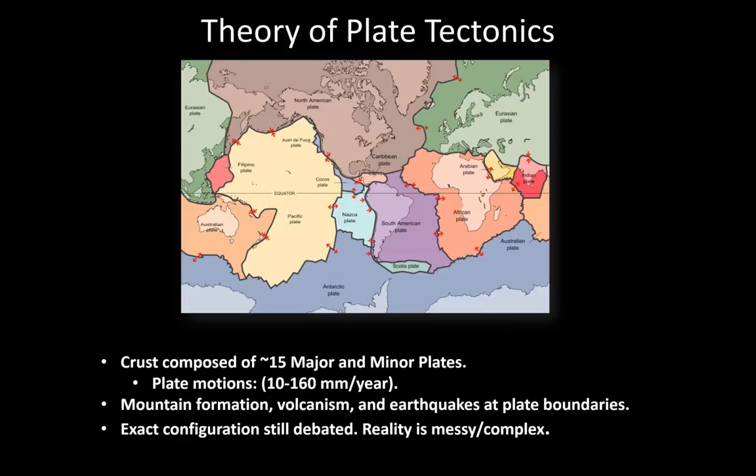And one thing that I really want to stress to you is that this is a model. This is a generally agreed upon view of the major plates that we're looking at, but the exact boundaries, the exact compositions, and particularly the history of these plates are still debated. Reality is always, always, always more complex than the models.